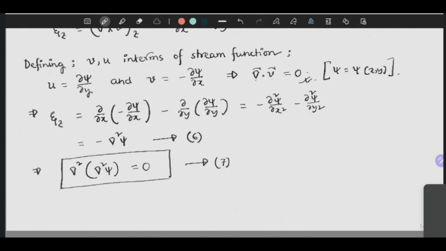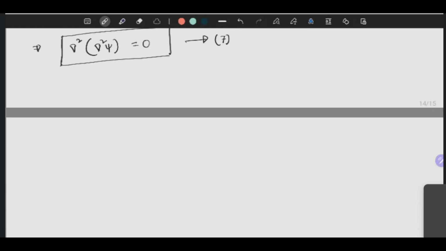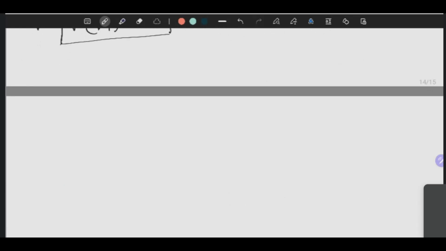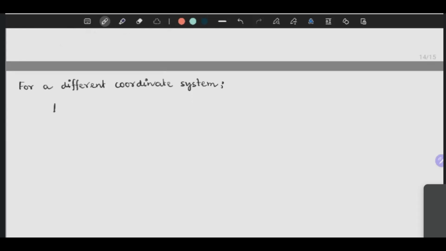If we take a different coordinate system, since we are talking about a sphere, then the equation becomes this.